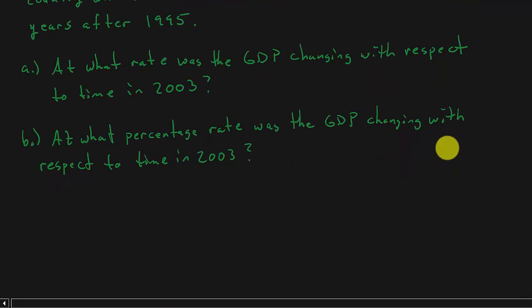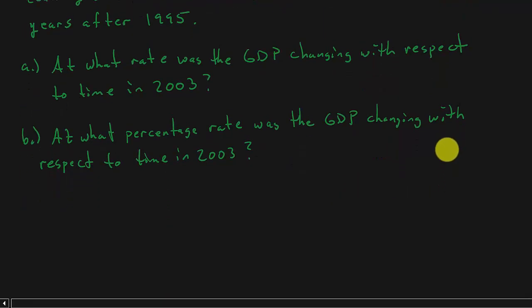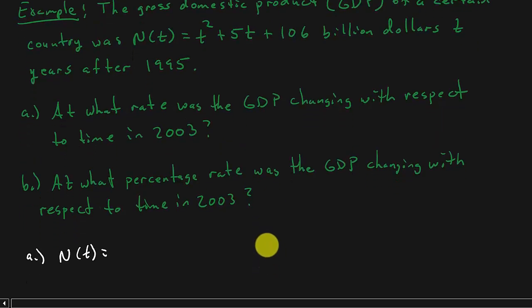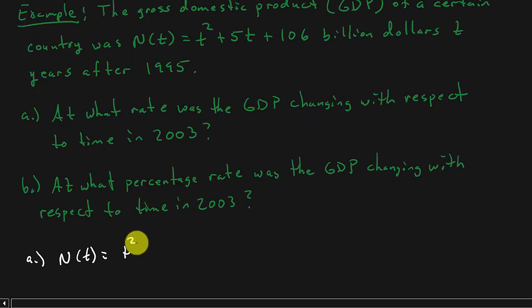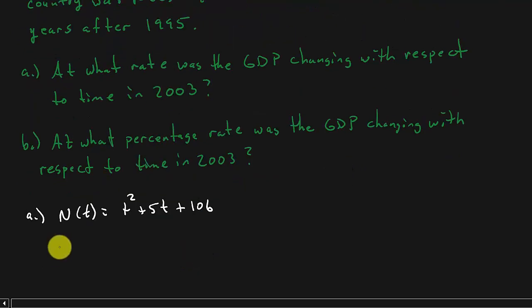For part A, at what rate was it changing? Well, we would take N of T, that's t squared plus 5t plus 106, and take the derivative. So N prime of t is equal to 2t plus 5.